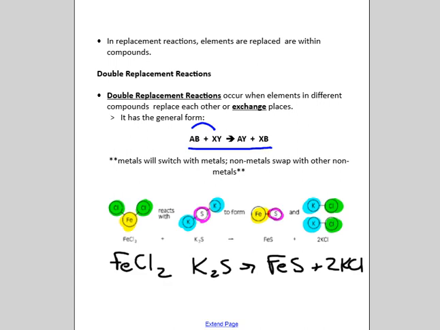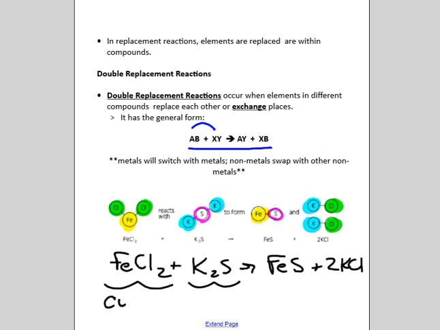You'll notice that we have iron 2 chloride. Think about the name, iron chloride. That makes it a compound. It's reacting with potassium sulfide, also a compound. These are both compounds because they both have more than one kind of element.